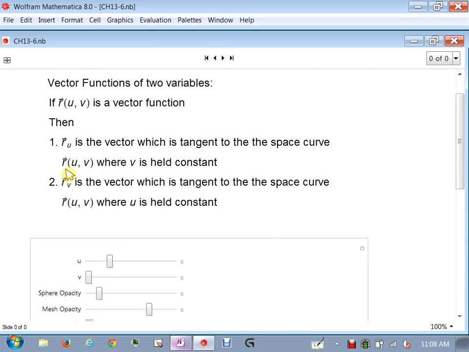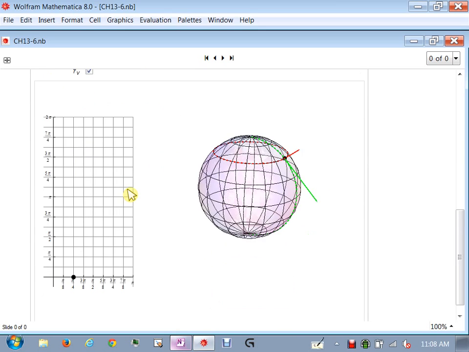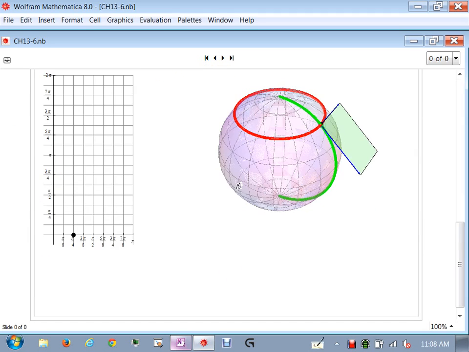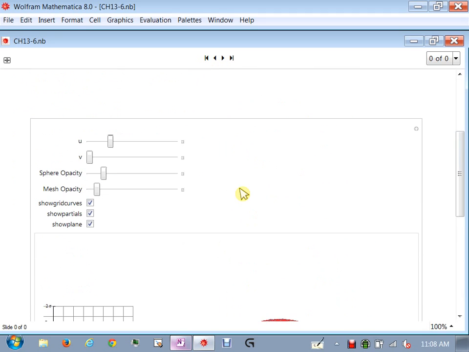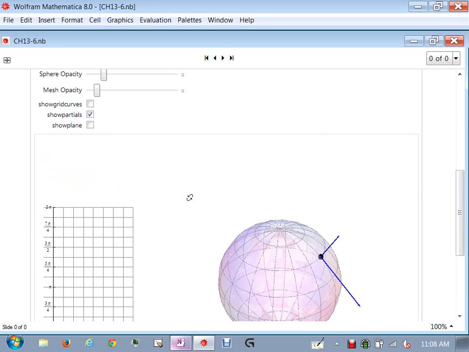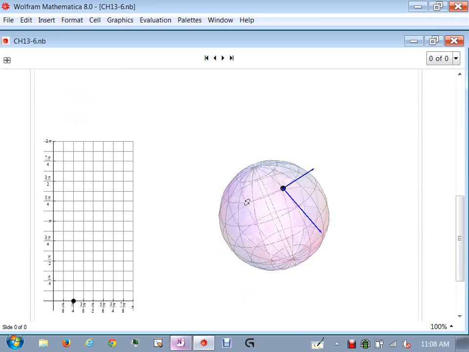If r of u is the vector which is tangent to the space curve, r of u where v is held constant, same definitions that we had before. So here are our two vectors.